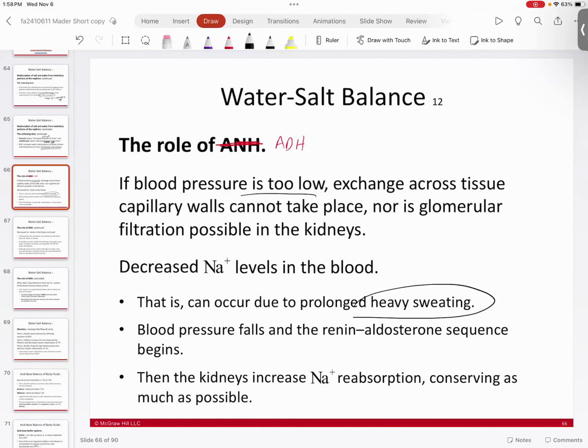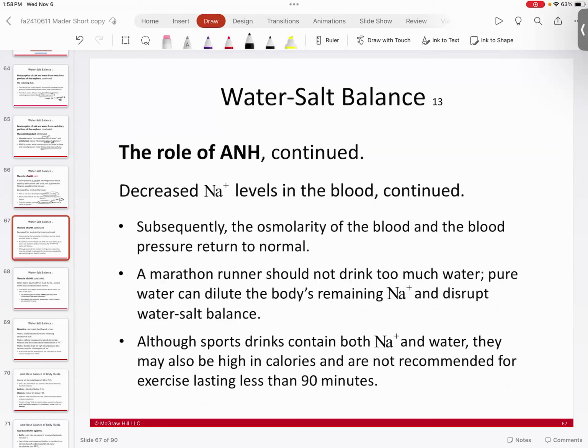When your blood pressure falls, you're going to start triggering that renin-aldosterone sequence as well. And then the kidneys will basically reabsorb sodium, causing the water to come back in. So if you're very dehydrated, you're going to basically be urinating out a very small volume of highly concentrated urine, okay, because you're hanging on to most of your water.